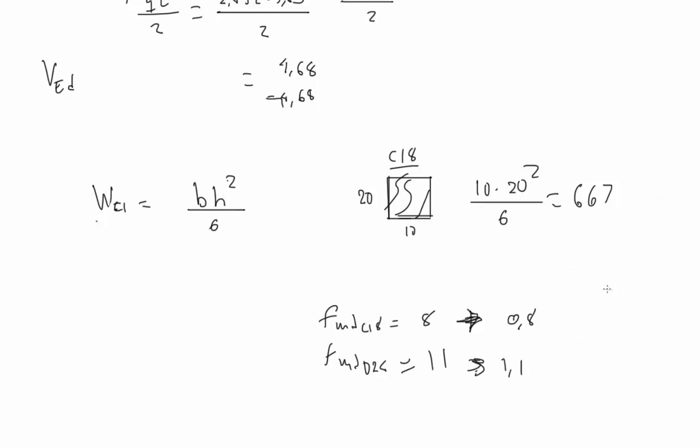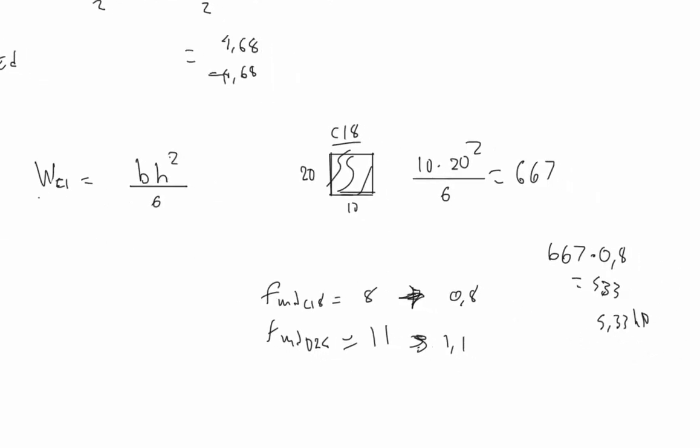So it takes 6.67 times 0.8 to get the design value, and that would be equal to 5.33 kilonewton meters. This is kilonewtons per centimeter, with being kilonewtons per meter.